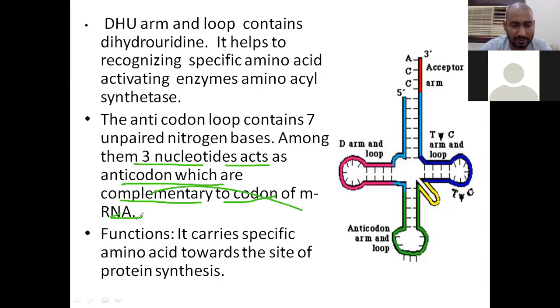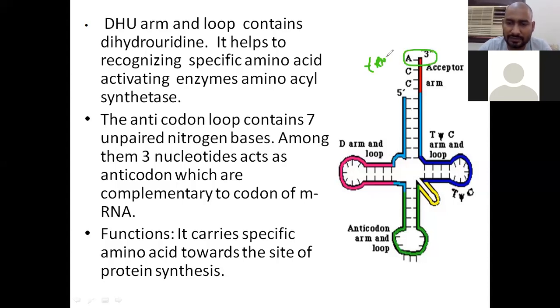The basic function of tRNA is that it carries specific amino acids towards the site of protein synthesis. It binds with the amino acid and brings the amino acid near the mRNA molecule, because the amino acid binds at the acceptor end of the tRNA strand.